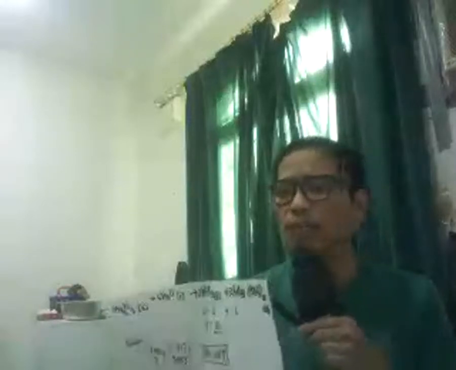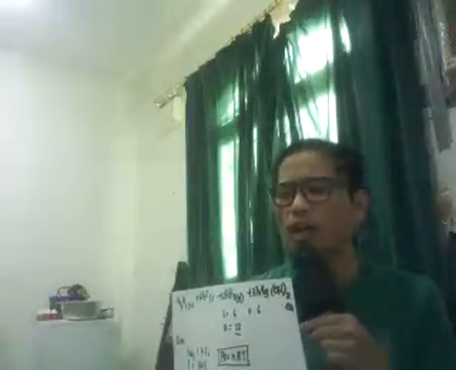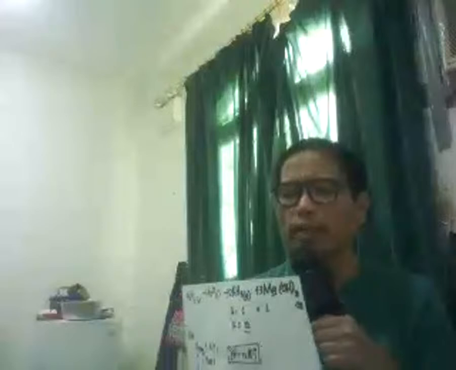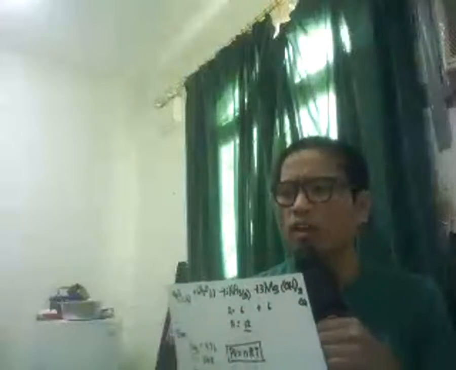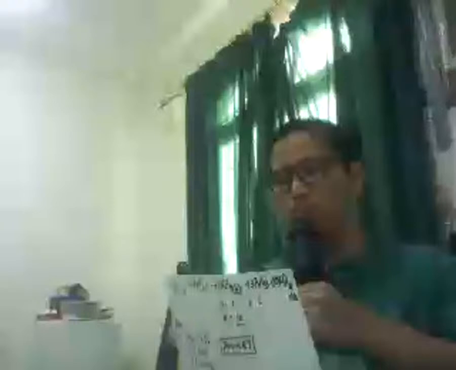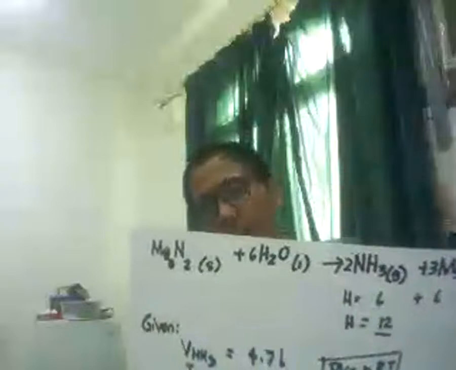PV equals nRT. P is pressure, V is volume, n is the number of moles, R is the universal gas constant, capital T is temperature in terms of Kelvin. Okay, like that. So here we have the temperature, with the pressure, we have the volume, then ammonia.